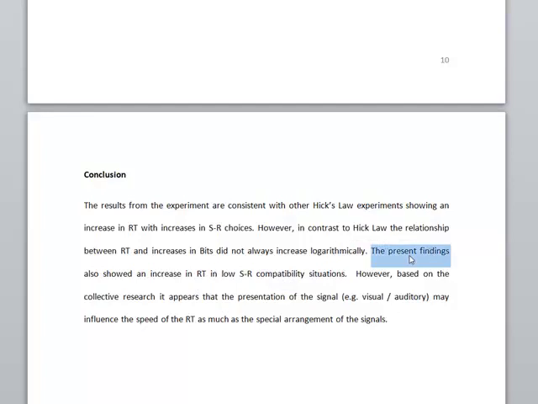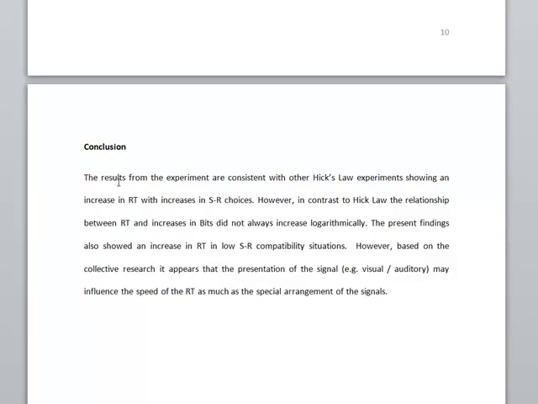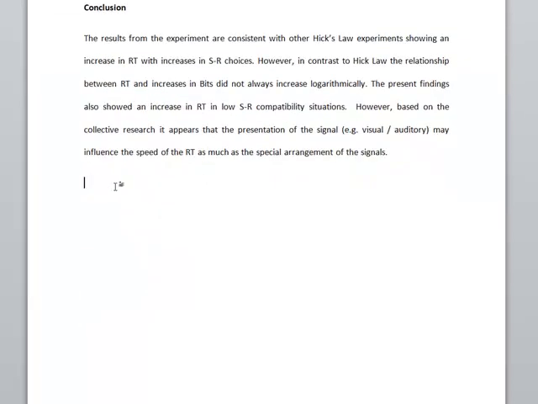So it's saying the results also showed this, talking about my second series of results, and what that might be based on, or what the collective research appears to be in that. So again, in a conclusion, you're readdressing what one or more parts of your results are, and you're also restating what the consensus is across the different journal articles that you've read, the specific scientific examples.